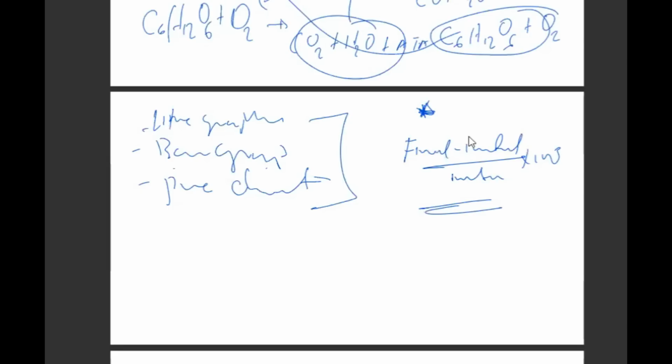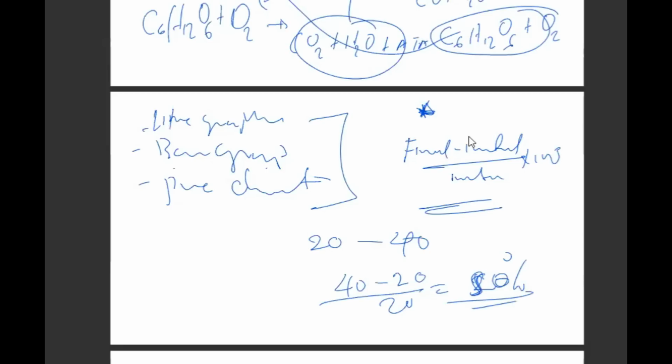If I started with 20 and ended with 40, then I'm going to say 40 minus 20 divided by 20, then I'm going to get 20, which is 20 out of 20. Basically it's 100%. So it's going to be 100%.